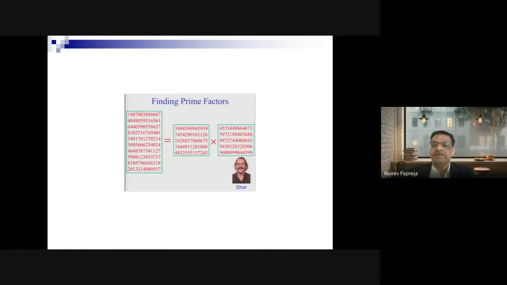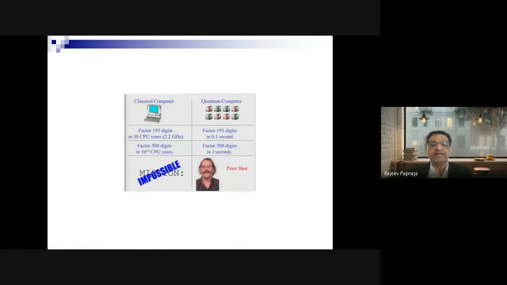So for example, about the hardest factoring problem that's been solved is finding the prime factors of a 193-digit number, and it took several months for a network of hundreds of computers collaborating together over the internet to solve that problem.